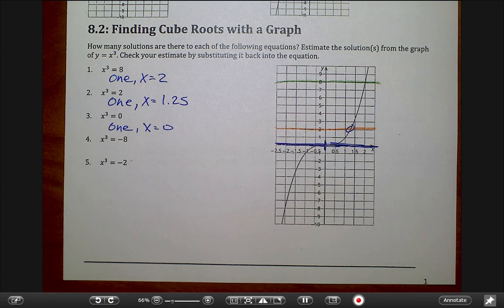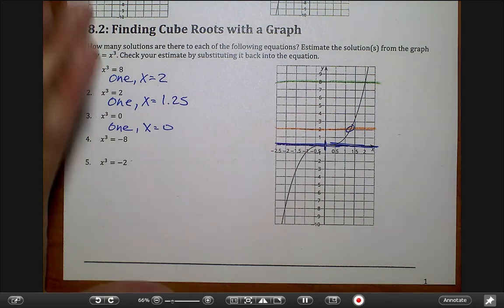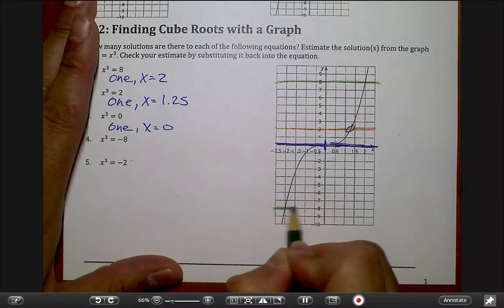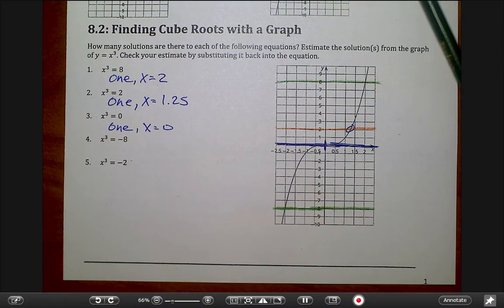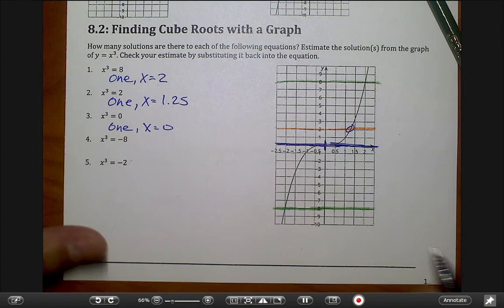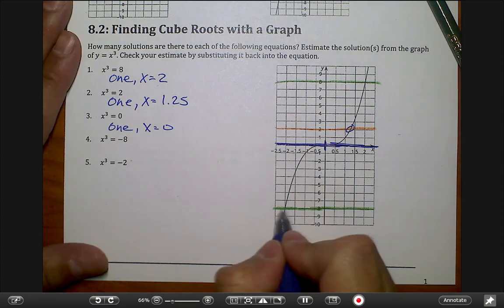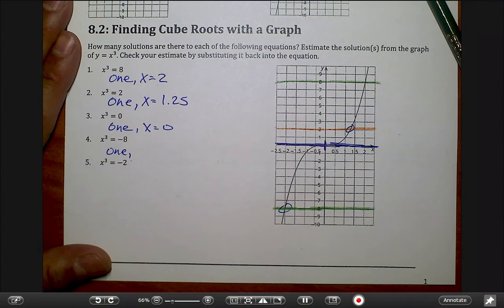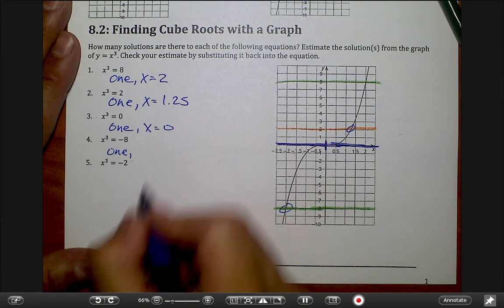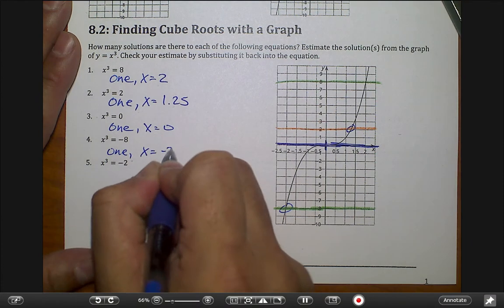All right, let's go back to our negative 8. Negative 8, down at the bottom. One solution? Yeah. So I have one solution here. And my answer is going to be what? Very good.